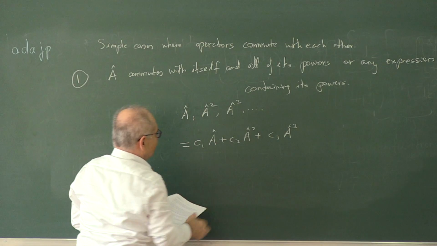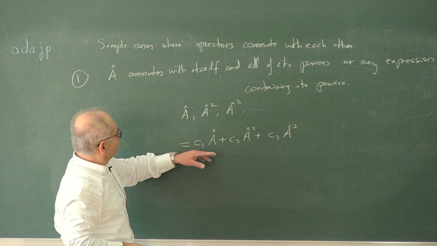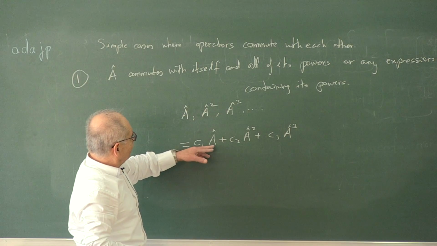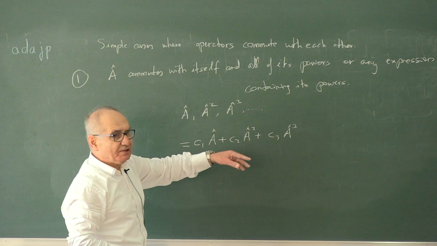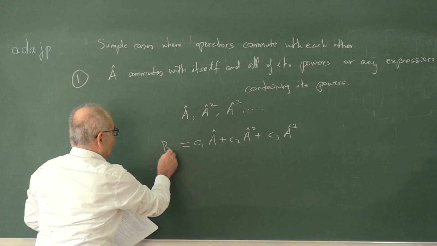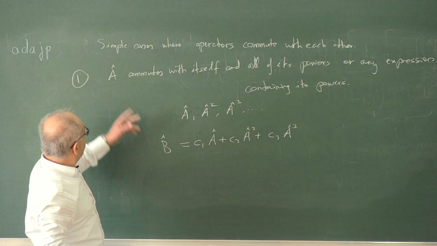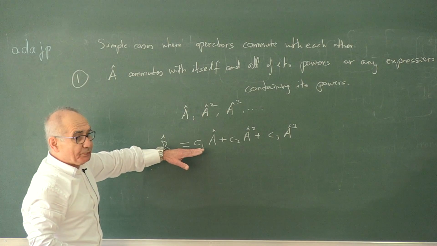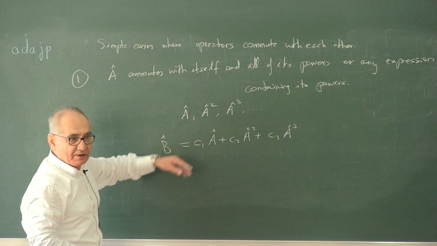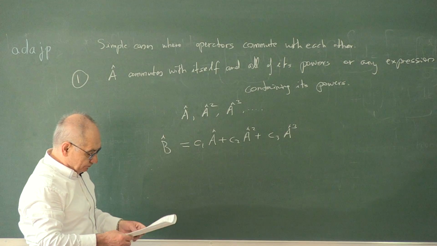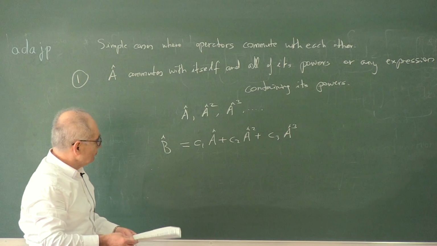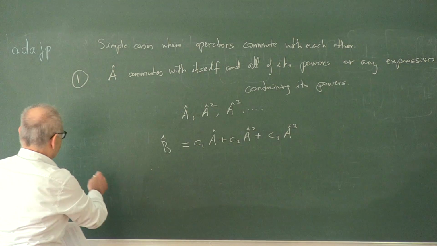If you construct a new operator from A square, A cube in this way, where C1, C2, and C3 are constants, and call it B, A will also commute with such an expression, which contains the powers of A. So this is one case.